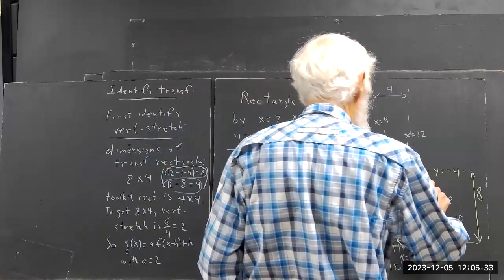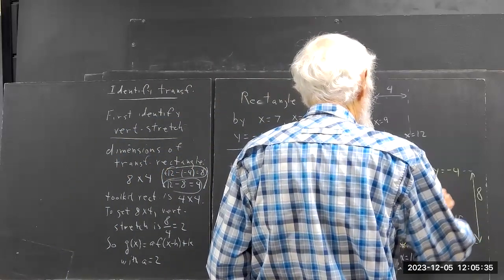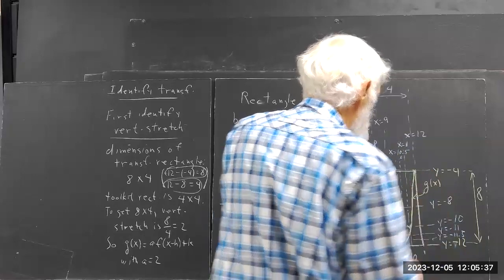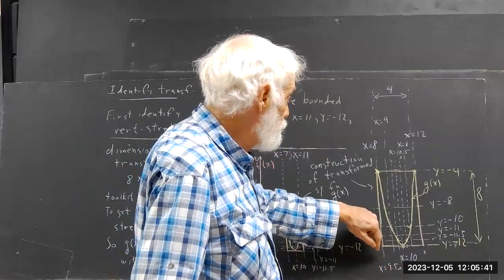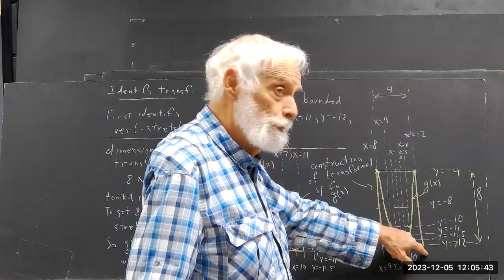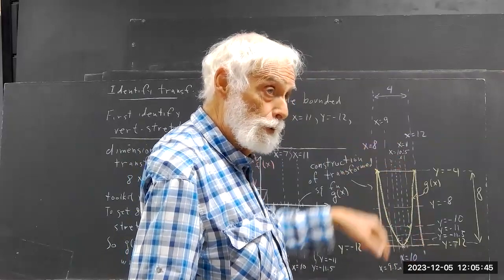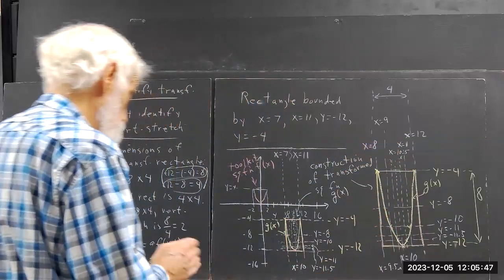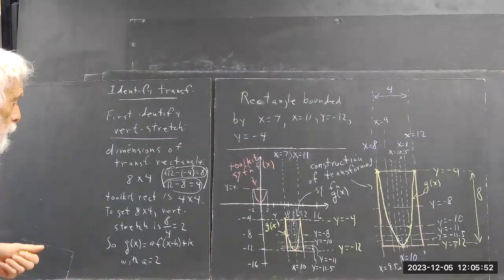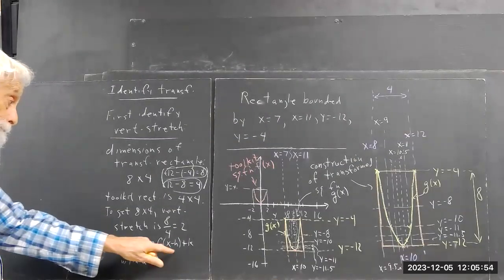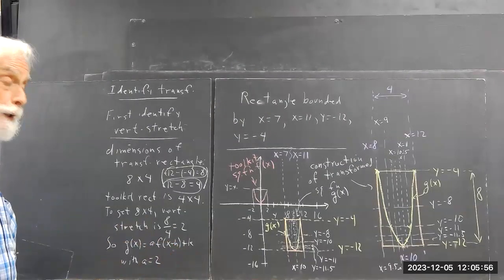So here's g of x in a window that allows us to see what's happening between x equals -8 and x equals 12, and between y equals -12 and y equals 4. We still have to estimate h and k.